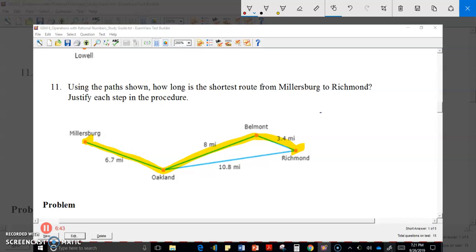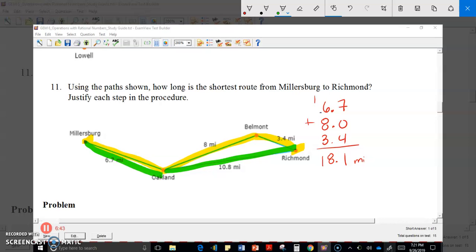And if I did that, the distance would be 1 plus 6 is 7. 7 plus 8 is 15, plus 3 is 18. It's 18.1 miles.